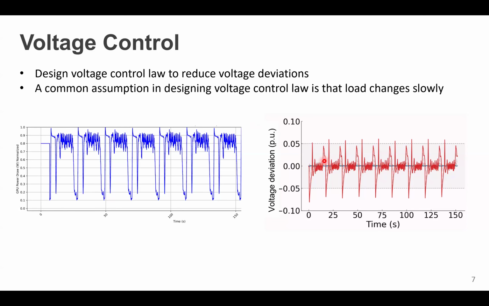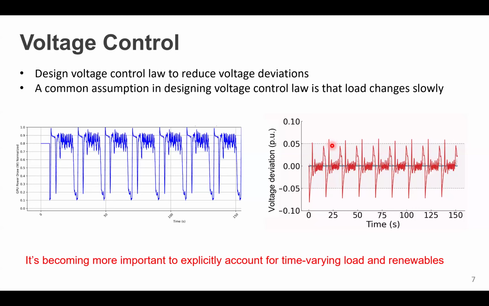Although in some periods the controller makes an effort to reduce the voltage deviation to 0, every time there's some shifting of the load, there are always very large voltage spikes and voltage violations. That means the conventional voltage control law is less effective when the system is subject to these rapid load fluctuations.